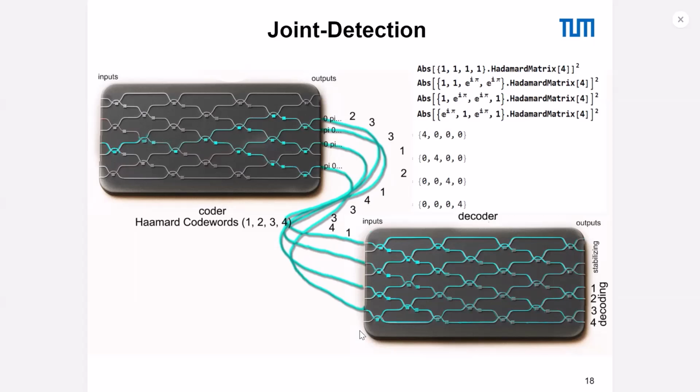Why is it also quite interesting? Why do we use Hadamard? It's quite an interesting situation for Hadamard. You can see these are Hadamard code words 1, 2, 3, 4. If we have, for example, Hadamard code word 1, all inputs, so all power goes to, you see decoding in output number 1. If Hadamard code word is 0, 0, pi, in number 2, and so on.